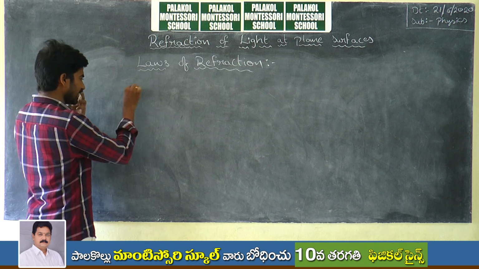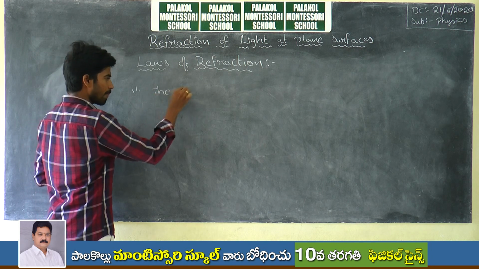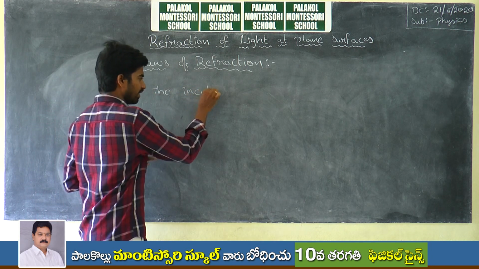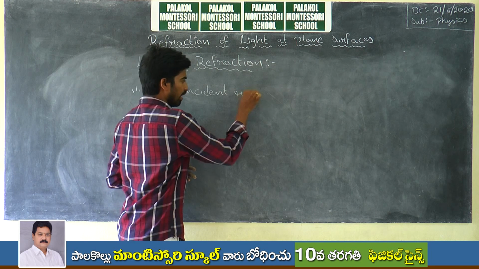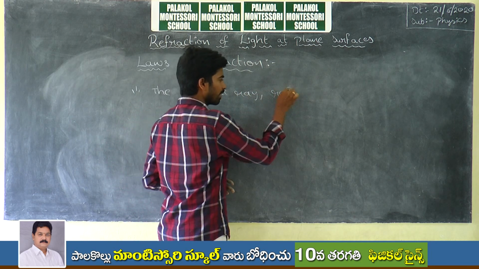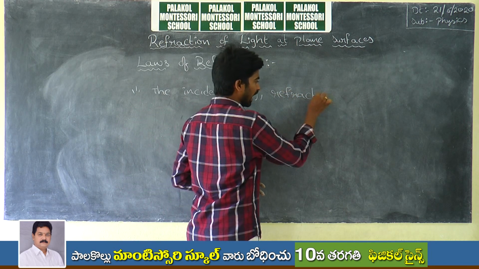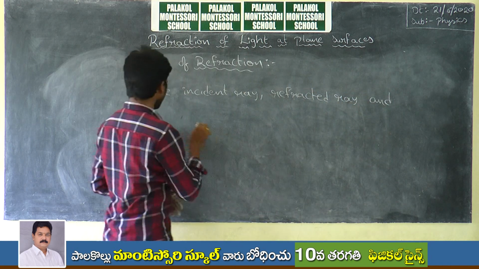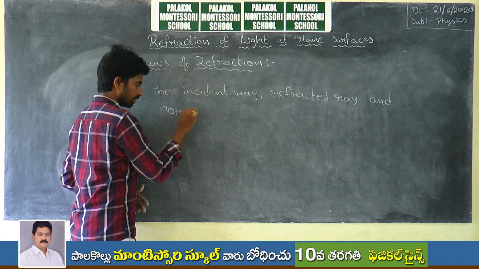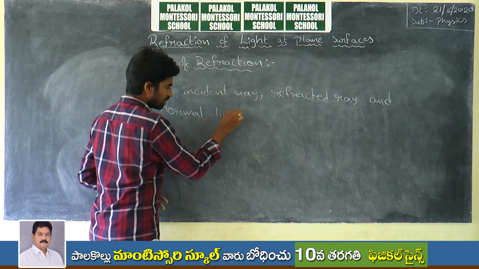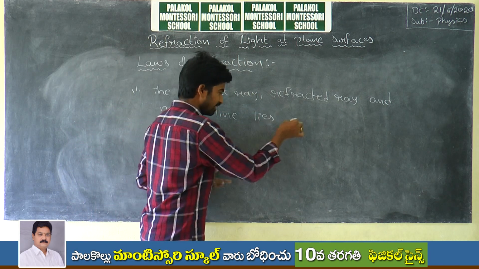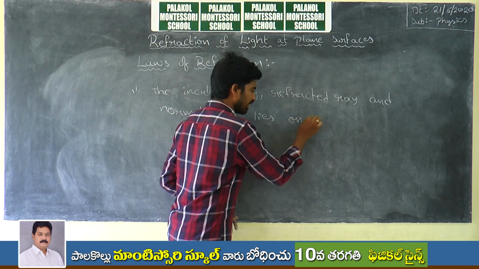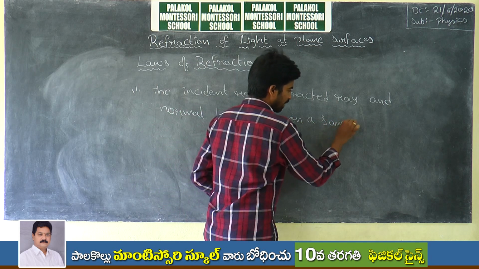So the first one is, the incident ray, refracted ray, and normal line lie on the same plane. These three lines lie on the same plane.